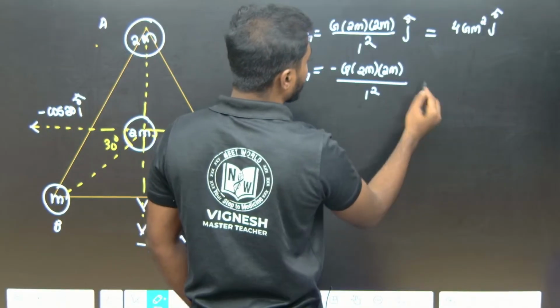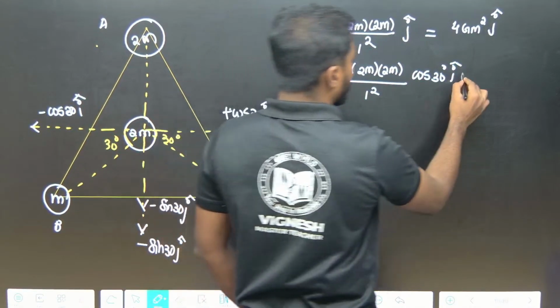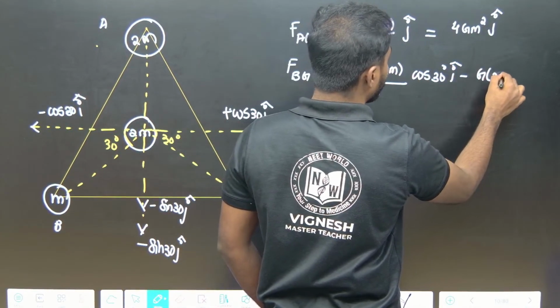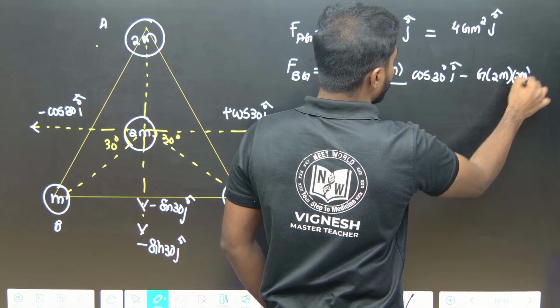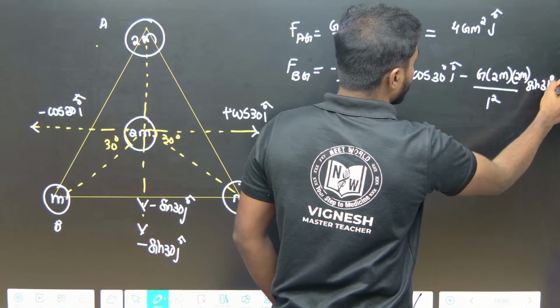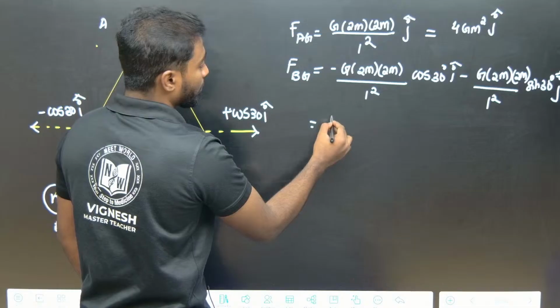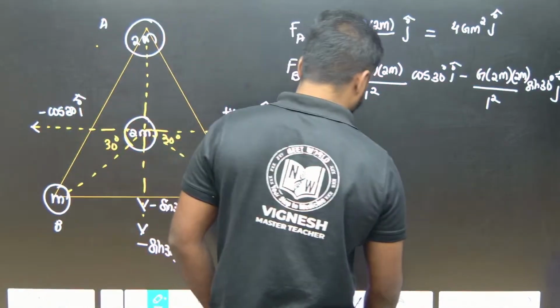minus, so this is cos, no, how much? Cos 30 degree I cap minus G into 2m into 2m by 1 square sin 30 degree j cap. So, let me simplify this. So, this is not 2m, right? Okay, wait a minute.